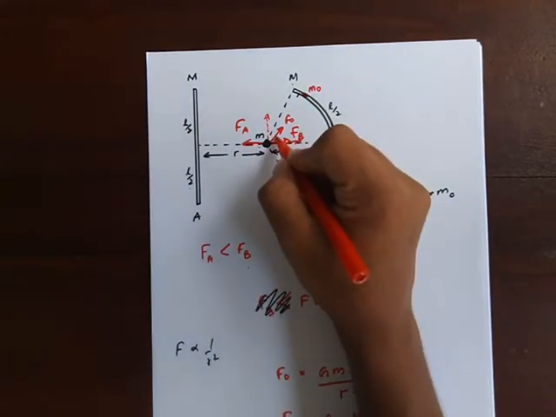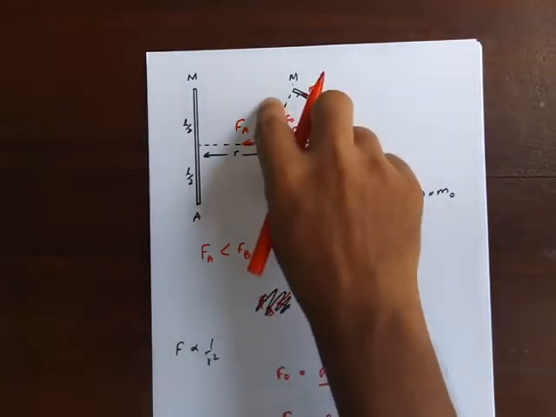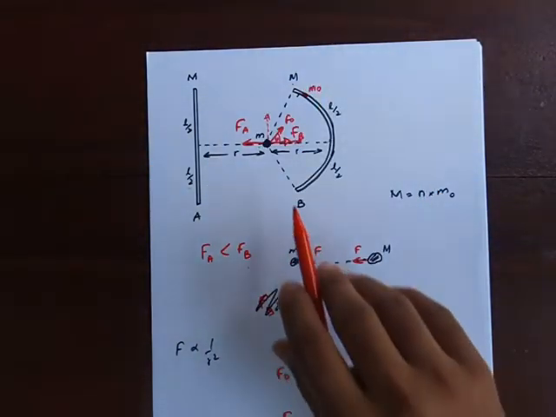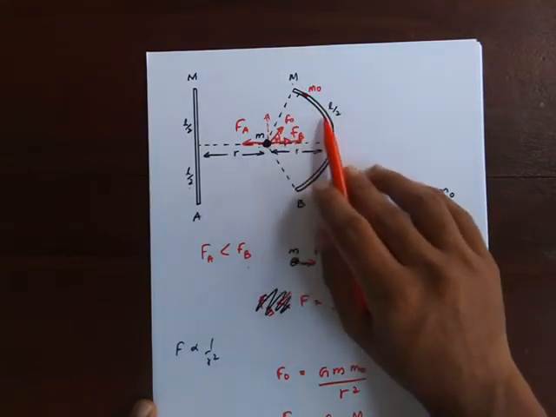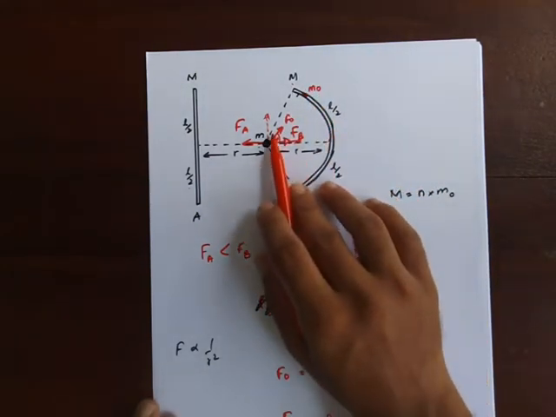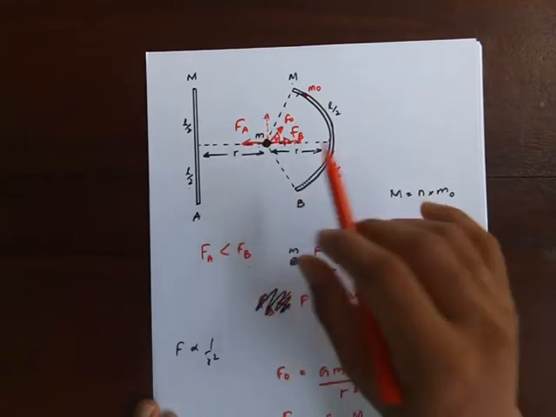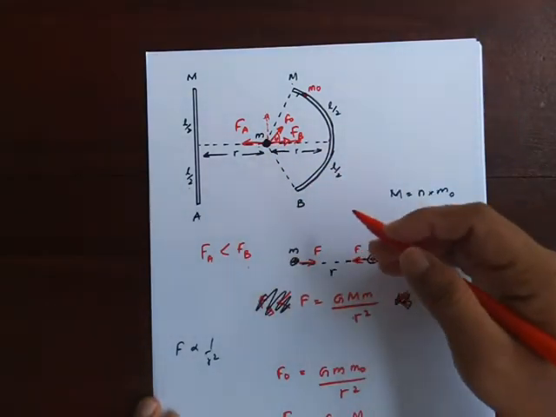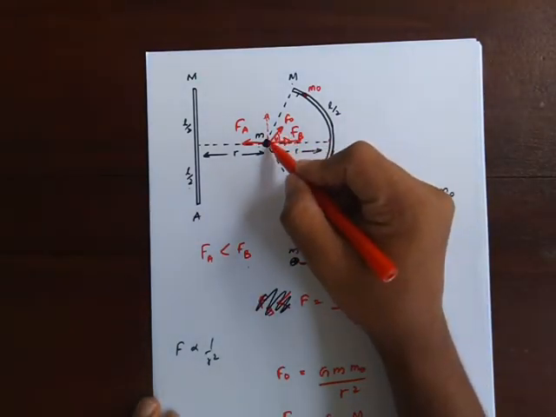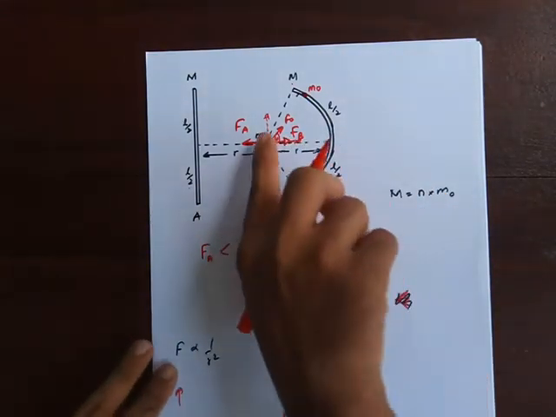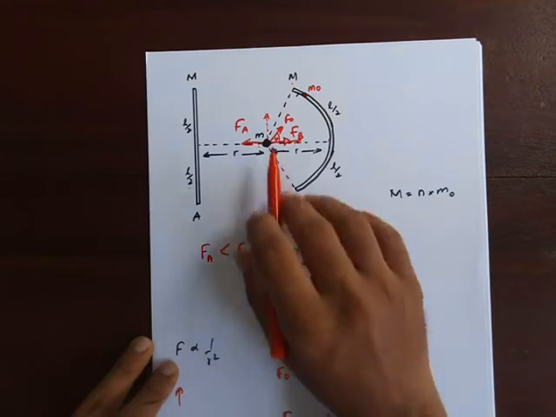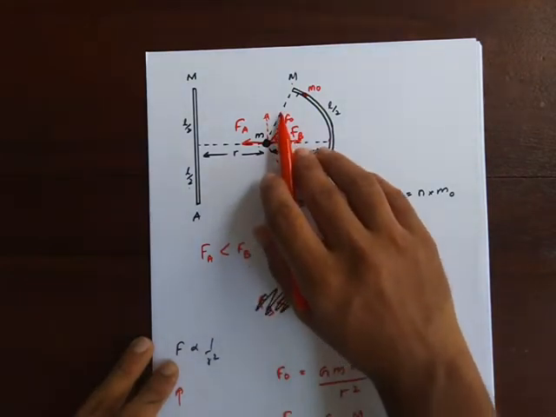For example, this angle is theta, the horizontal component is F naught cos theta, and this is F naught sin theta. If you take the gravitational force between each and every point mass on this arc, the vector summation of the vertical components is going to be 0.